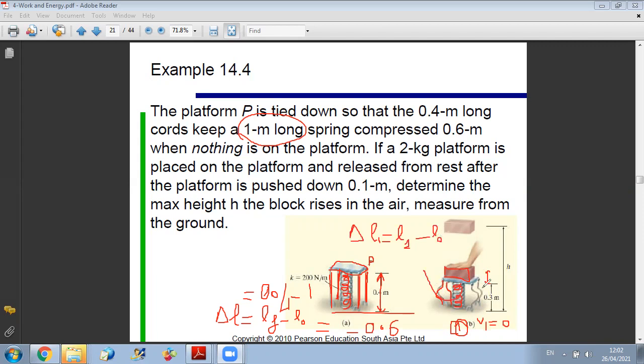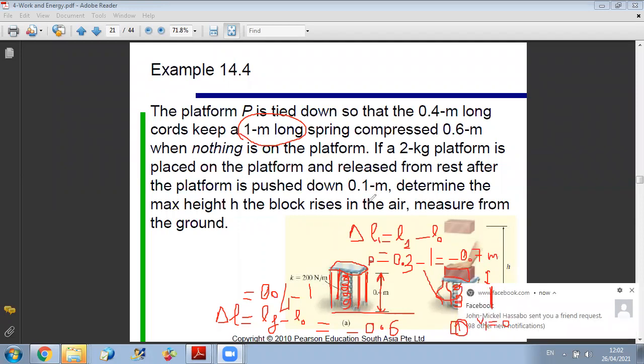At this state, the length of the spring is 0.3 meters. So I have that delta L1 is equal to 0.3 minus 1, which is equal to minus 0.7 meters. Okay, now this is my initial state.